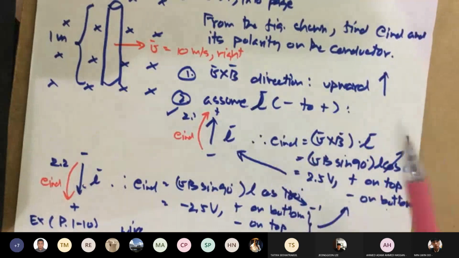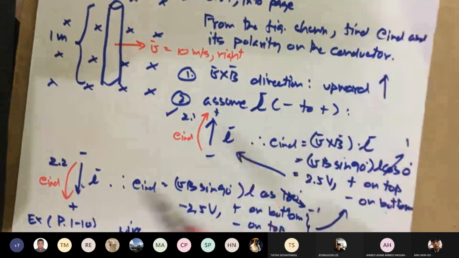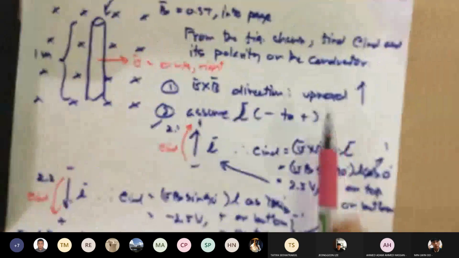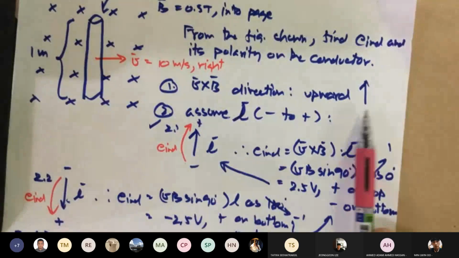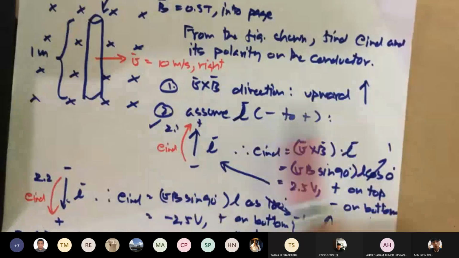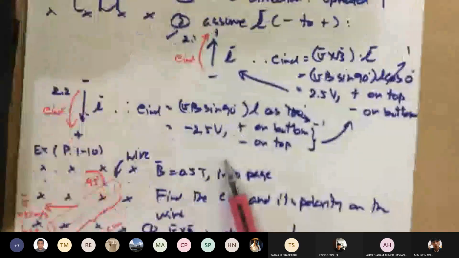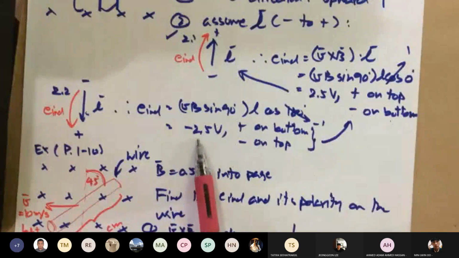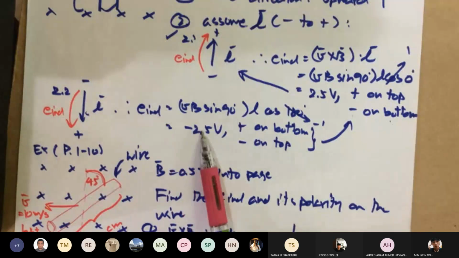That would give you a cosine of a positive usually. In this case, if V cross B goes up, we should assume L pointing up, same trend. That would result in usually a positive voltage. Here, you do the opposite. You would have a negative, and kind of a strange writing, but it's okay.